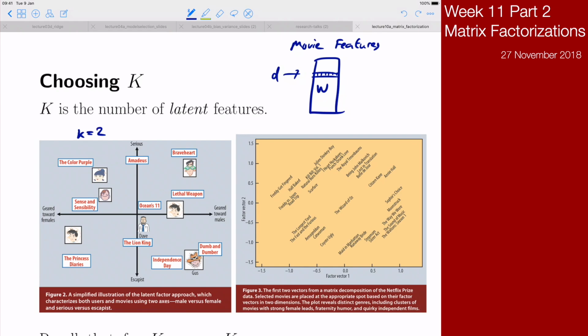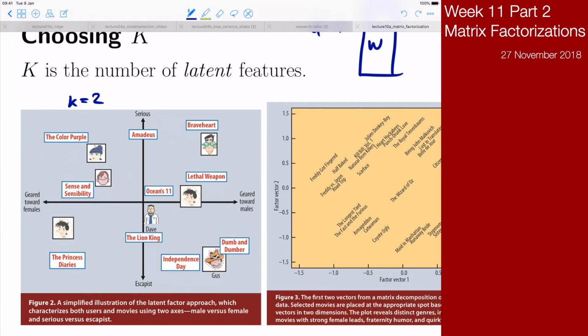Well, it's a bit unclear, we have never gone to collect the data, right? The only thing we know is the stars. But if magically we would look at this W matrix after training and would see that the 2 entries of each movie make sense, that the vertical axis is if it's a serious movie or more funny, low-key thing, that would be kind of nice if this would happen.